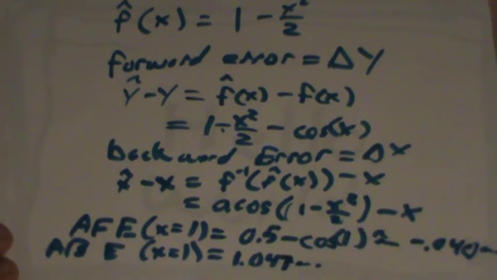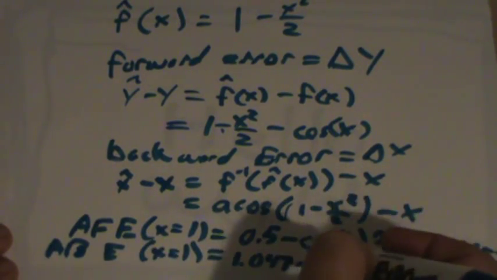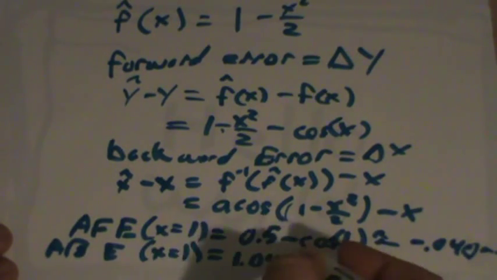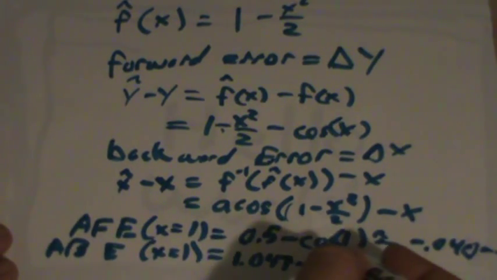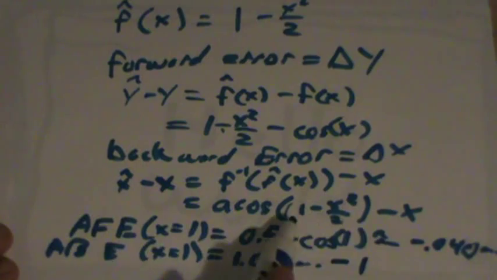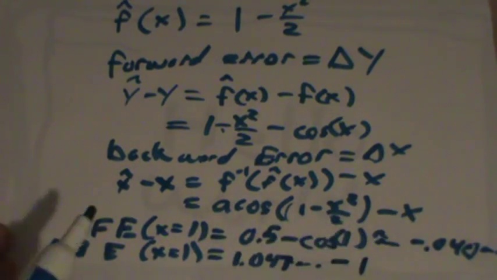This will get into our sensitivity issue as it goes, but hopefully they should stay somewhat in the ballpark range. So we've got that whole mess here, 1.047 and so on, and that's minus 1, right? Minus the x, and x was 1.